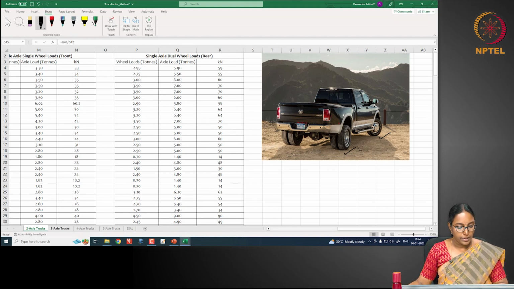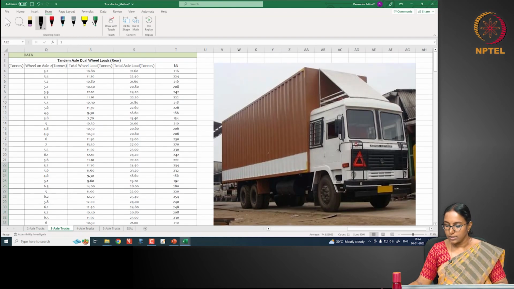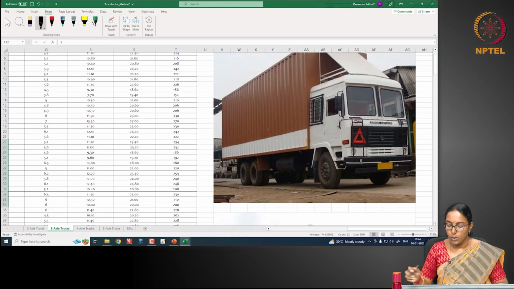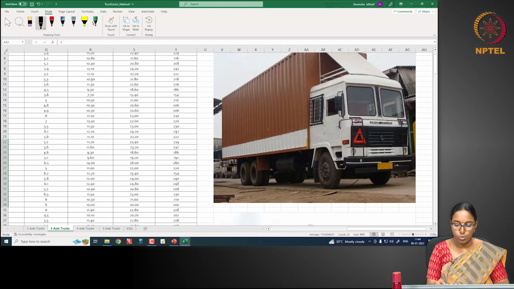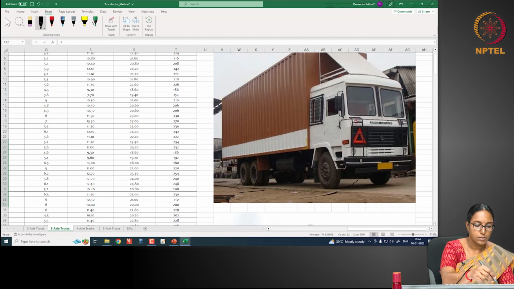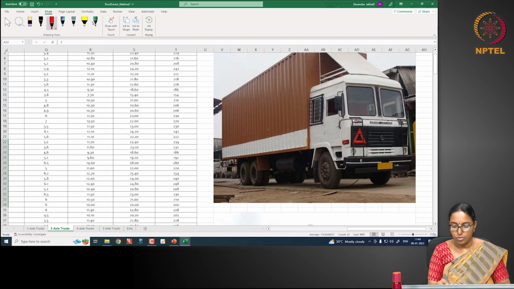And then moving on to the next one, which is a 3 axle truck. As you see here in this picture, there is a front axle with single axle single wheel, and at the rear there is a tandem axle, but for convenience it is written as 2 axles. So altogether this is 1, 2 and 3. Okay, so there are 3 axles, so this is why this class is named as a 3 axle truck.